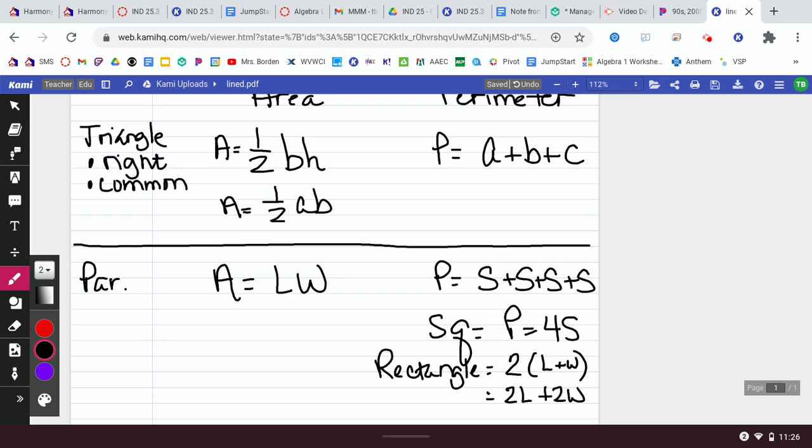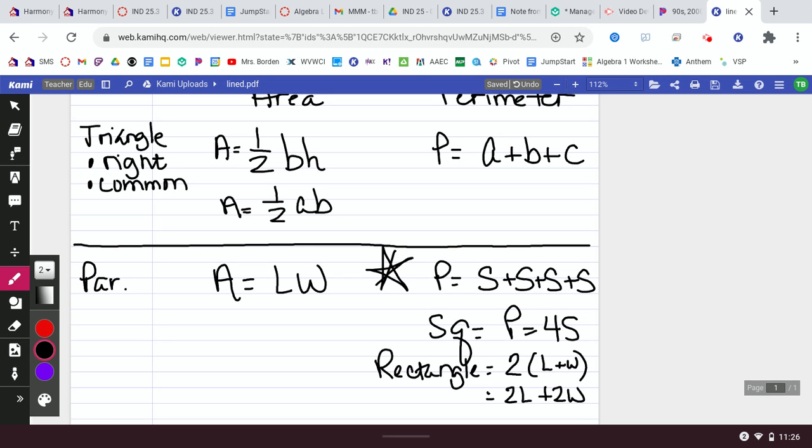So if you add them up, this one right here is the most basic way to think about it. It works for every single one of them. If you just want one to think about, use that one. If you want to get fancy, square is 4S, 4 times S. Rectangle could be done a couple of different ways.